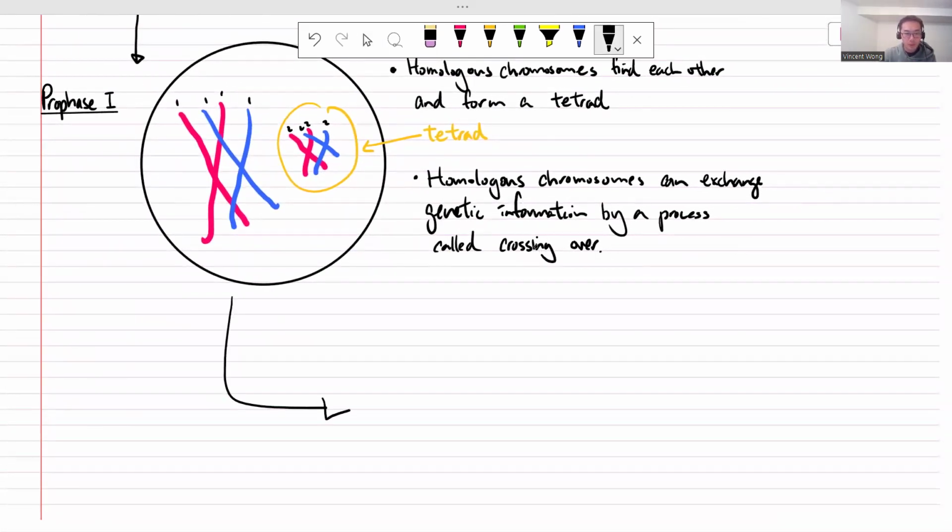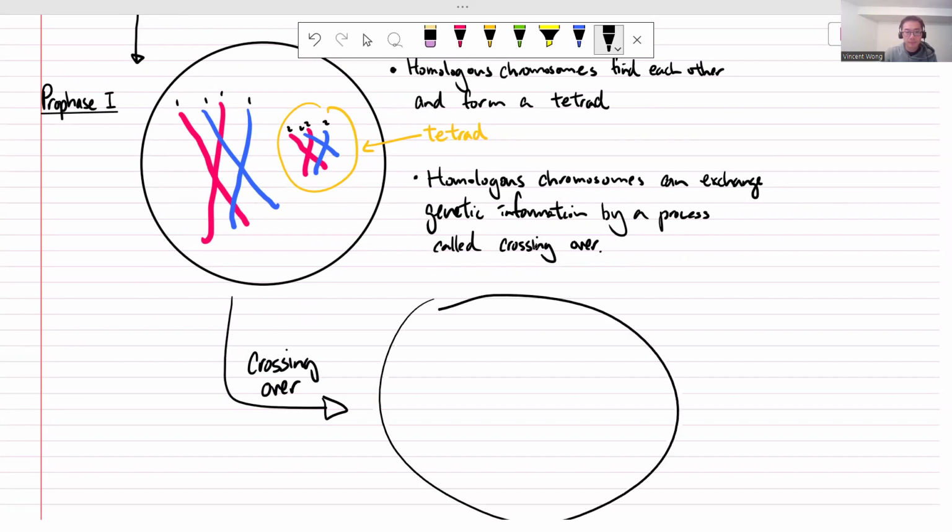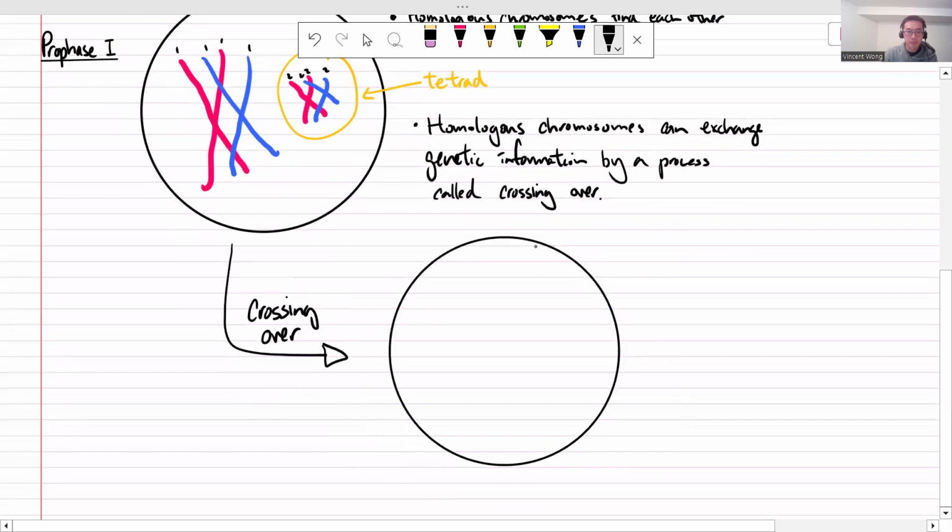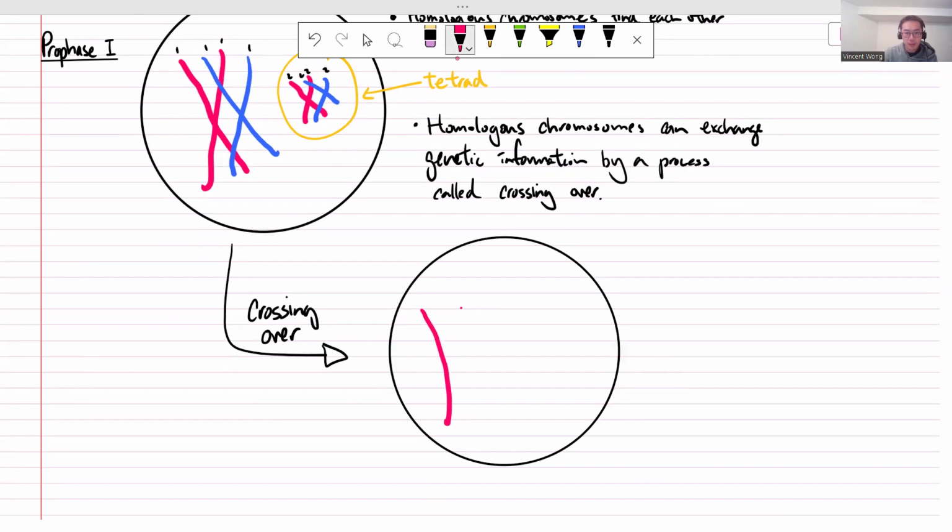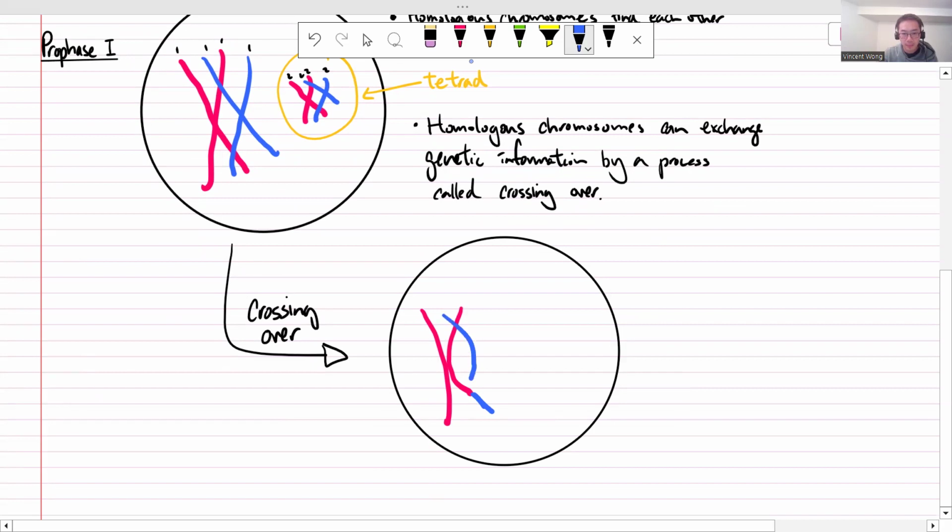So I'm going to show you what this looks like. Crossing over. A little bit of the blue will switch with the red. A little bit of the father chromosome is going to switch with the mother chromosome, so to speak.